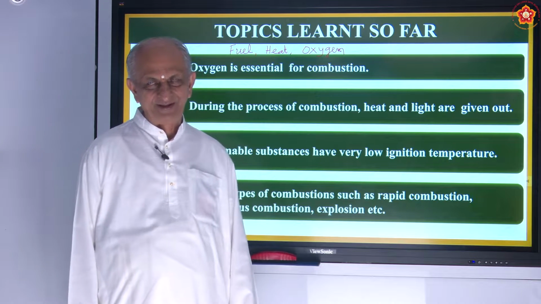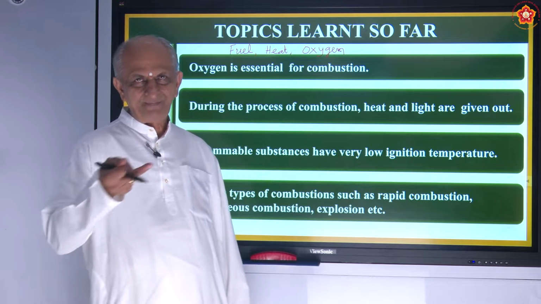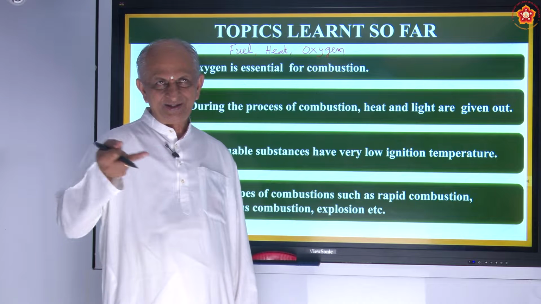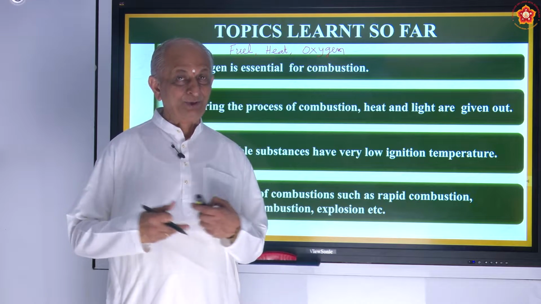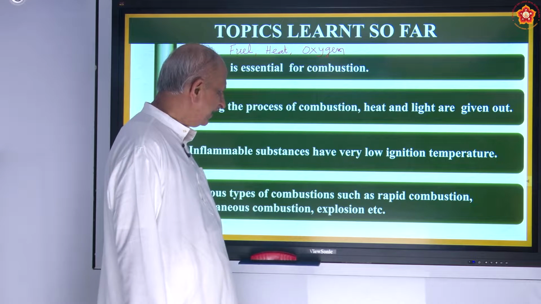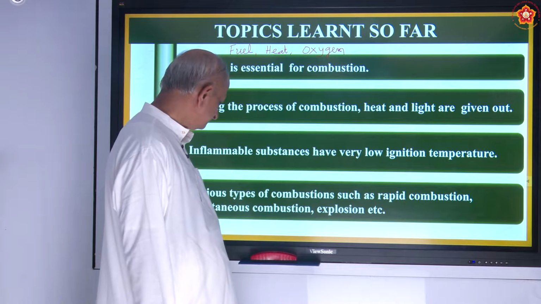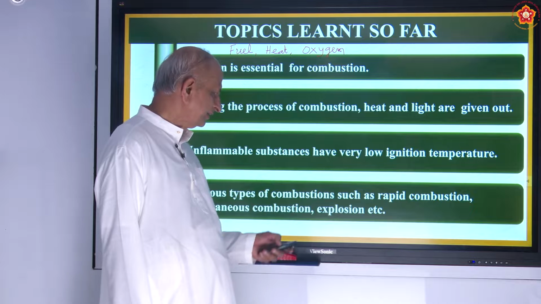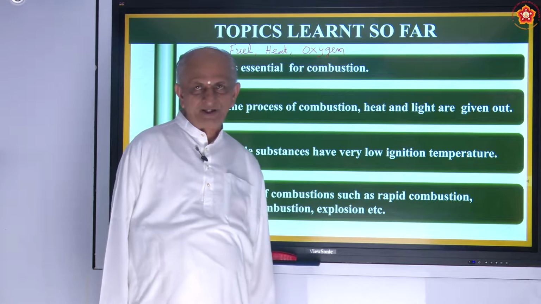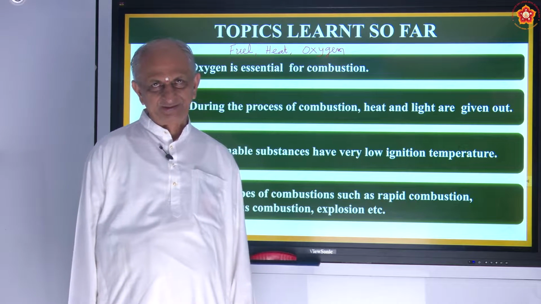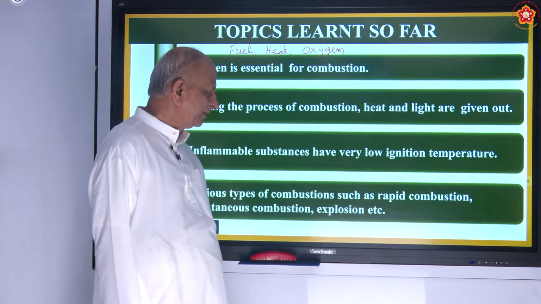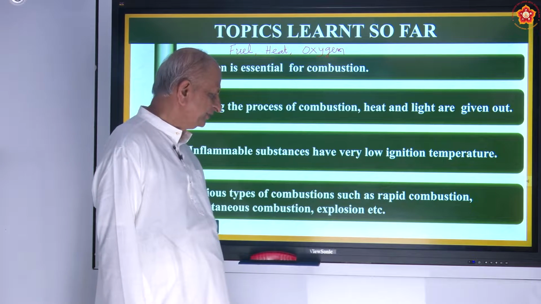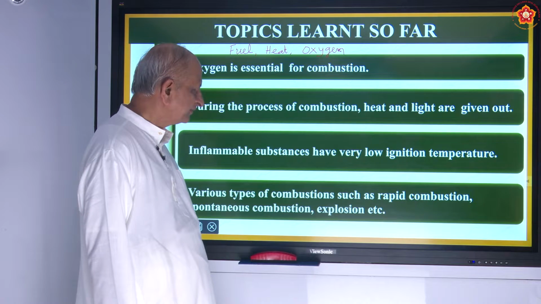Crackers in Deepavali, atom bomb, and all the different types of crackers, that is explosion. And burning of magnesium you have seen, and burning of white phosphorus, that is spontaneous, is it not? So we have a very good number of examples of these three types of combustion.